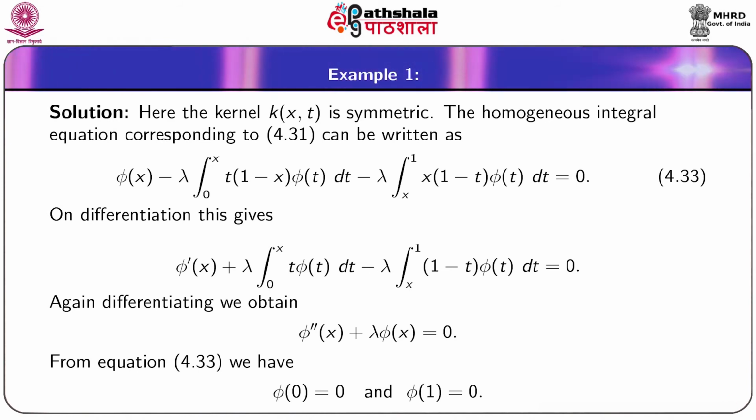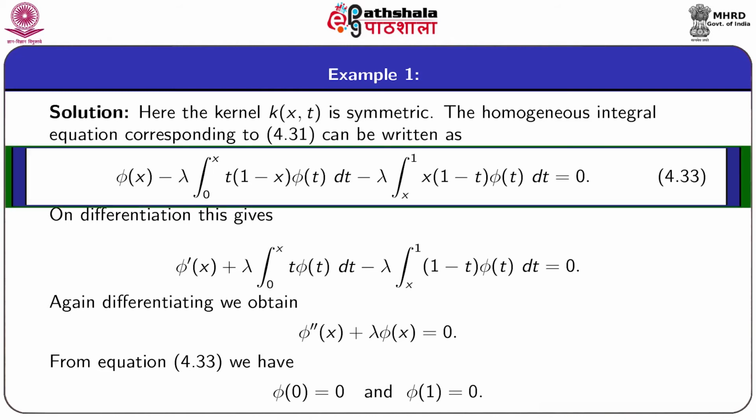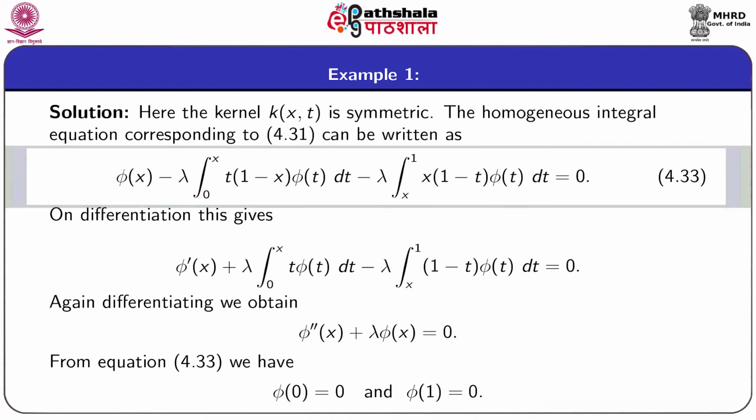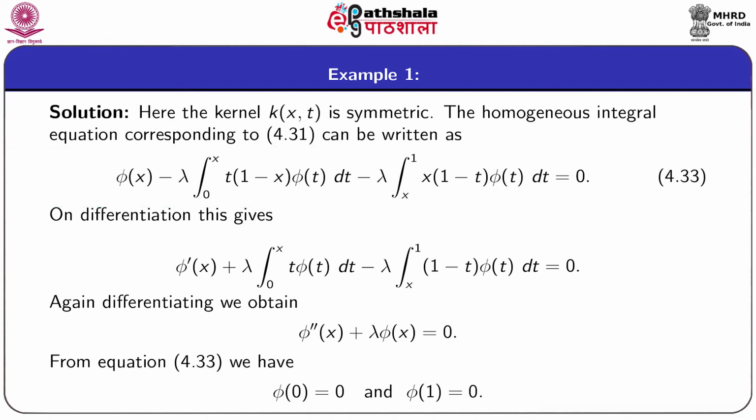Now the homogeneous integral equation corresponding to equation 4.31 using the kernel as given by 4.32 can be written as φ(x) minus λ integral 0 to x of t into (1 minus x) φ(t) dt minus λ integral x to 1 of x into (1 minus t) φ(t) dt equal to 0, as given by equation 4.33.